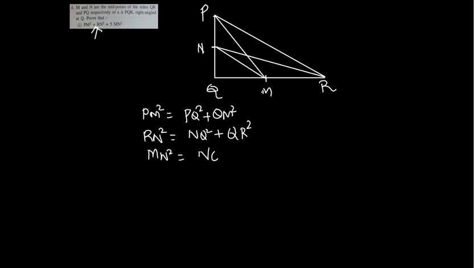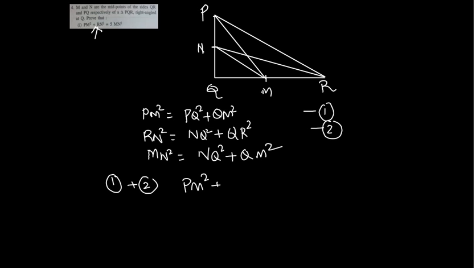But this one is MN squared. So now we have to worry about PQ squared and QR squared. We have to get the relation for MN.